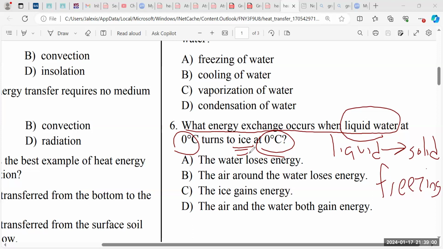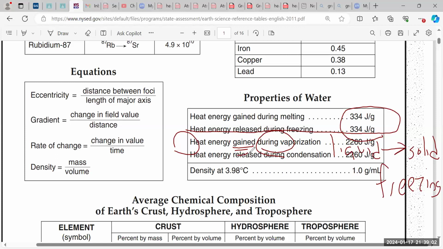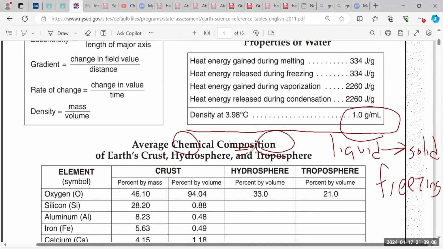So when I look on my reference tables, it tells me that during that process to go from liquid to solid, which we know is freezing, it tells me right here that during freezing, heat energy is being released.